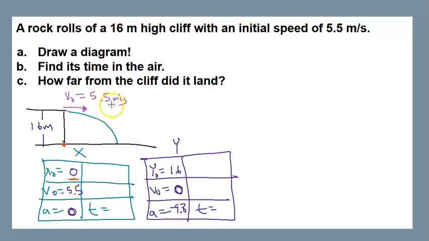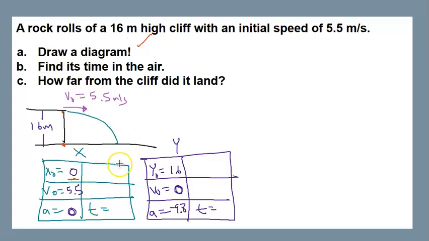Its initial speed is 5.5, and there's no jetpack, so acceleration is 0. Vertically, it did start with some height, but no up. The mistake people make is to put that 5.5 here as well. But the Earth is pulling it down. Otherwise, it would travel on at 5.5 forever.